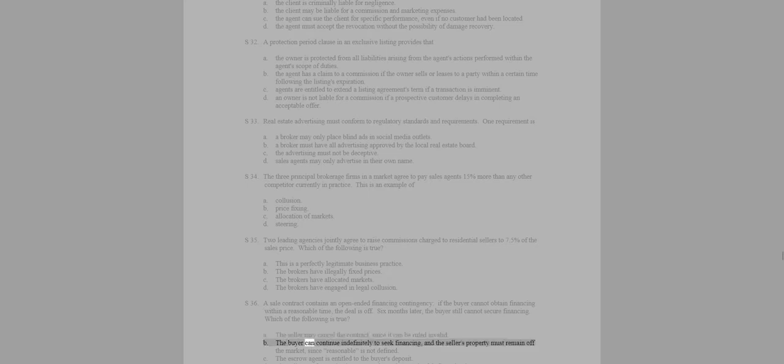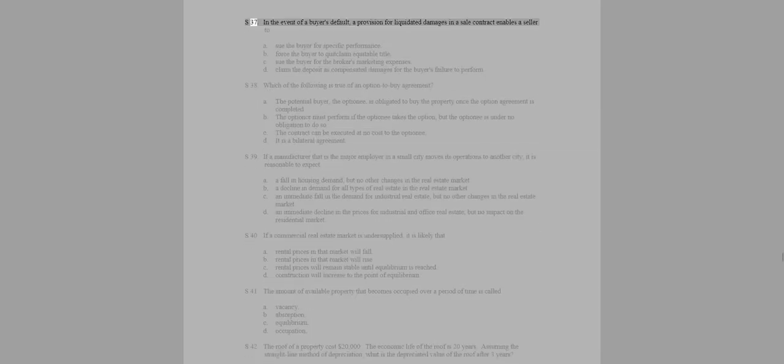B. The buyer can continue indefinitely to seek financing, and the seller's property must remain off the market, since reasonable is not defined. C. The escrow agent is entitled to the buyer's deposit. D. The seller can force a lender to commit to a loan under fair financing laws.